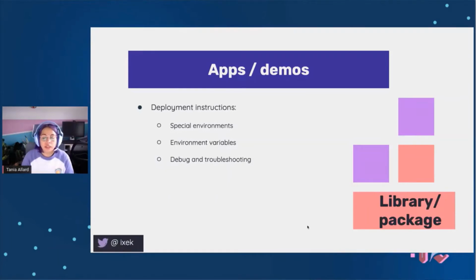If you are building an app or a demo, let's say that now that package that I created to create unicorn theme Git aliases for myself, now I want to bundle it in an app.